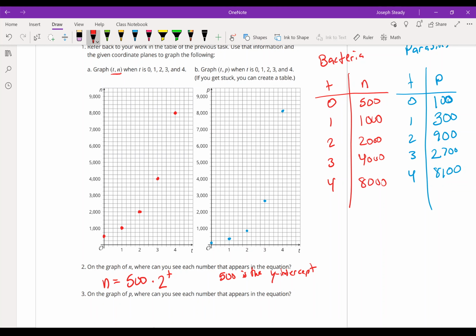The 2 doesn't show up as clearly, right? I don't actually literally see it on the graph, but the 2 is the jump from number to number. So 500 times 2 gives me 1,000. 1,000 times 2 gives me 2,000. So again, even though it's kind of hard to see, the 2 is the factor from one point to the next.